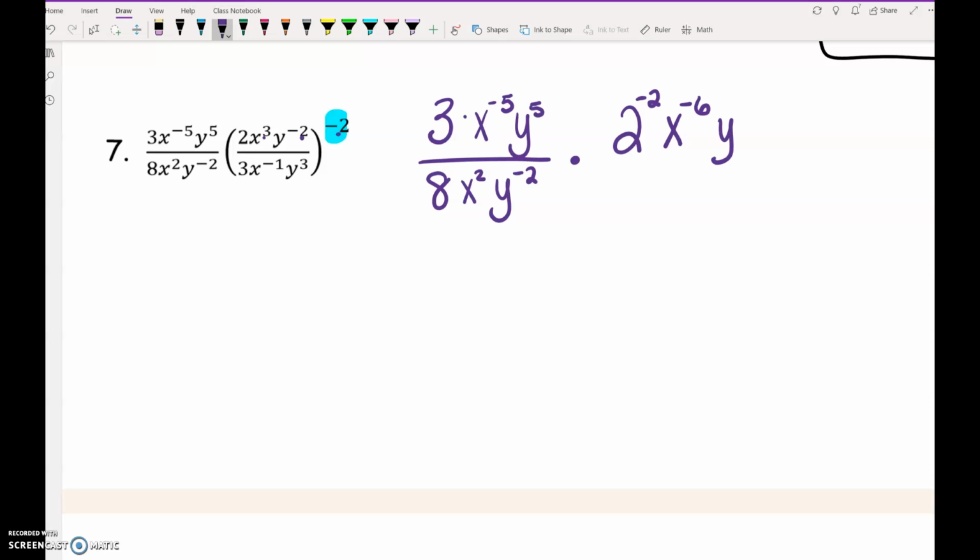Y to the negative 2 times negative 2 would be y to the 4th. On the bottom, 3 to the negative 2, x to the positive 2, y to the negative 6.